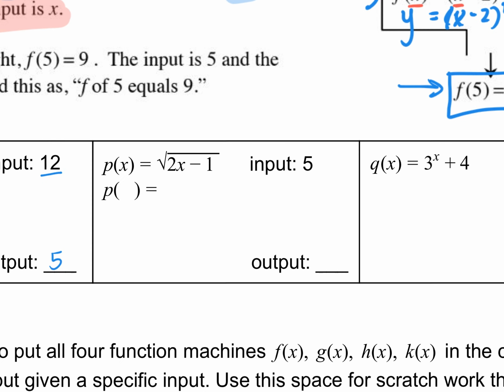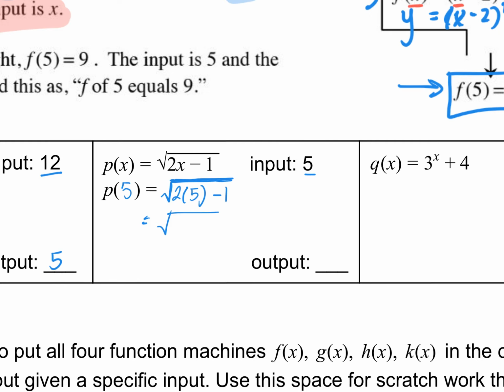Let's look at p of x. So for p of x, we are saying our input is 5. So everywhere where we have x, we are going to write 5 instead. 2x is the same as 2 times x, so we have the square root of 2 times 5 minus 1. Following order of operations, I want to simplify everything inside my radical first.